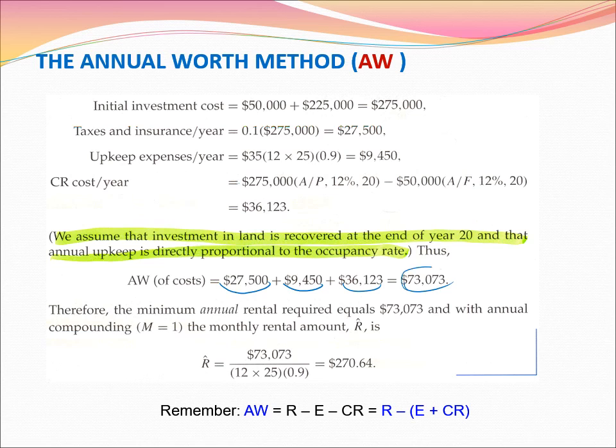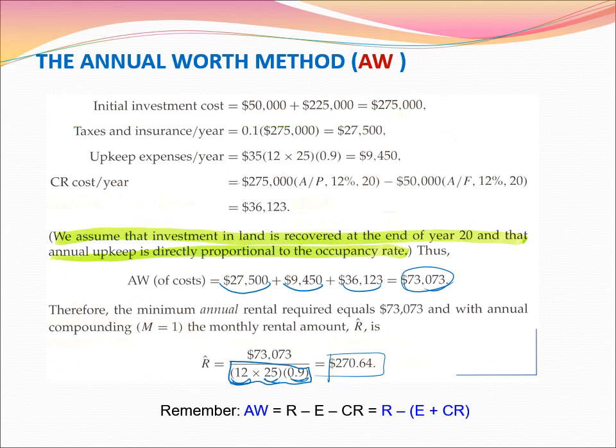And this amount, if we divide it by the number of apartment units multiplied by 0.9, 90% occupancy, multiplied by 12, which is the total months in 1 year, we find this R to be $270.